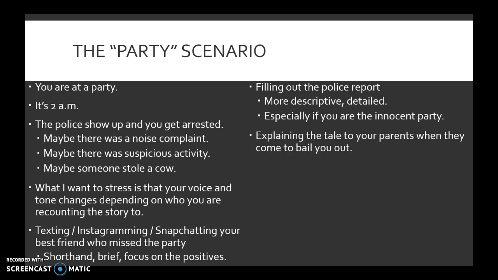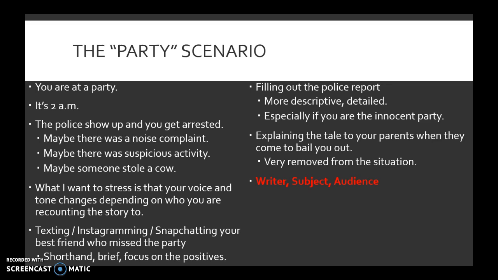That said, if you're talking to your parents when they come to bail you out, that language is going to be more subjective, and it's going to be removed from the situation. It was not me, it was them. Okay? I heard the noise and I came to investigate, but persons X, Y, and Z stole the cow.